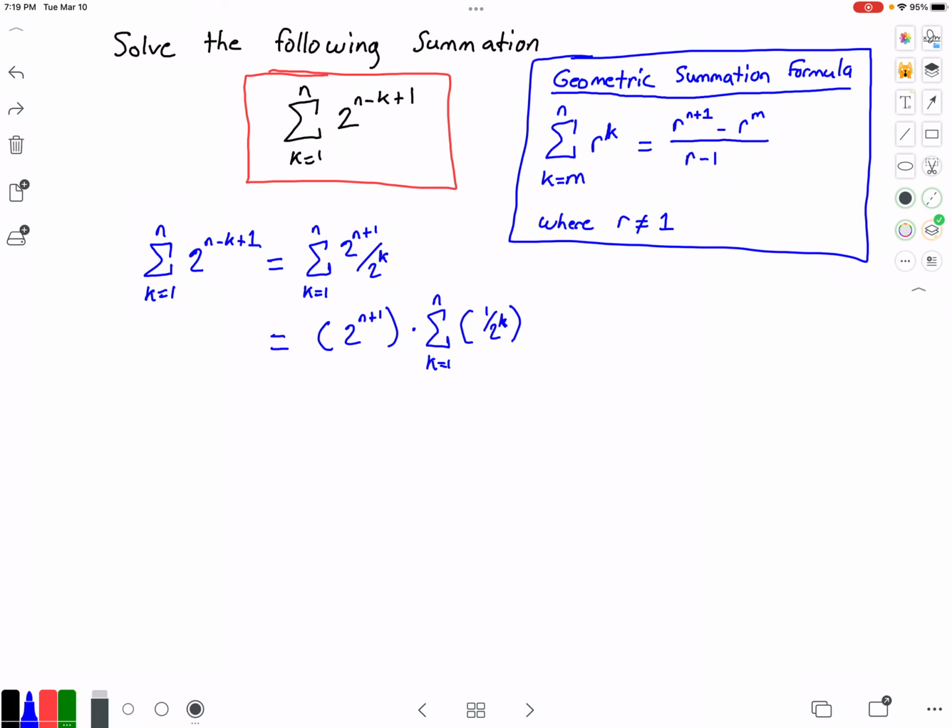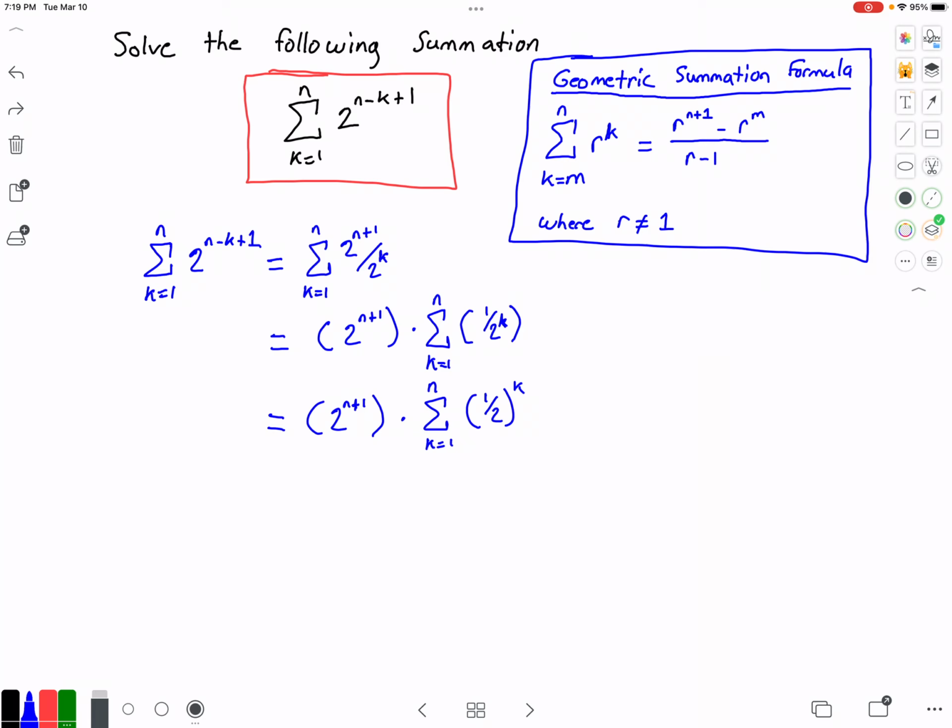Now I'm going to rewrite this one more time. So we get 2 to the power of n plus 1 times the summation from k equals 1 to n of 1 divided by 2, all to the power of k.